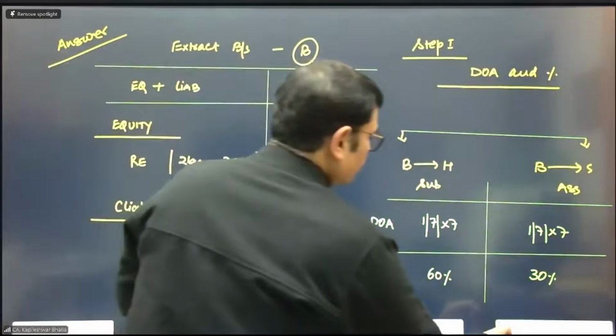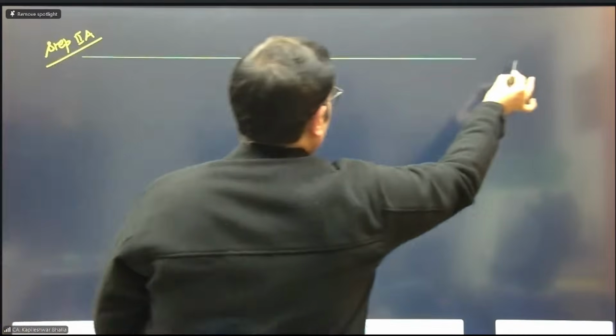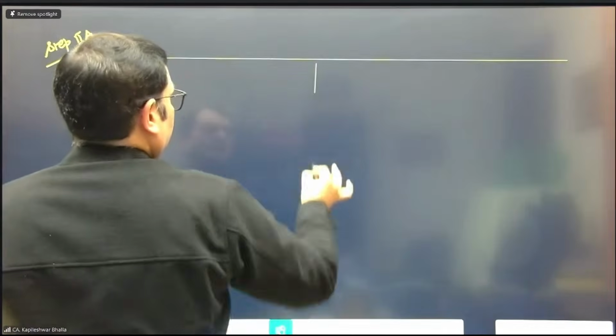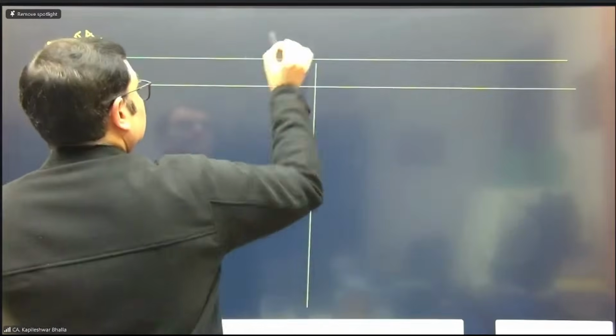Okay, now let's proceed with step number 2A. So we need to do two analyses. So we'll organize the information because we need two analyses in this case. So let's organize the two analyses of profit.